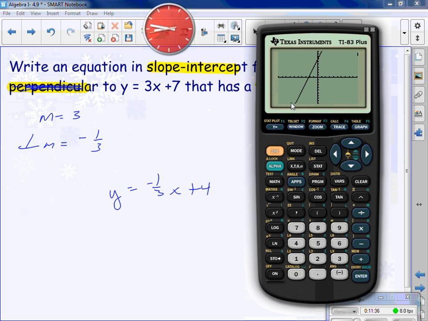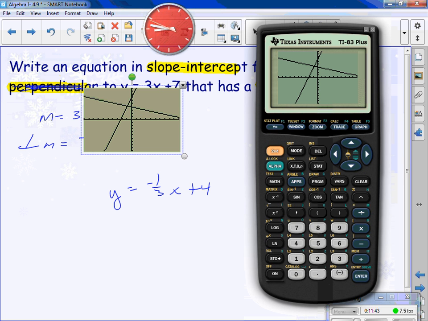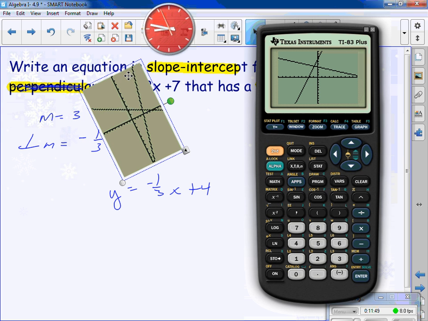When I graph, there's the first one, there's the second one. It will make a right angle. It's hard to see on the calculator screen, but it does make a right angle.